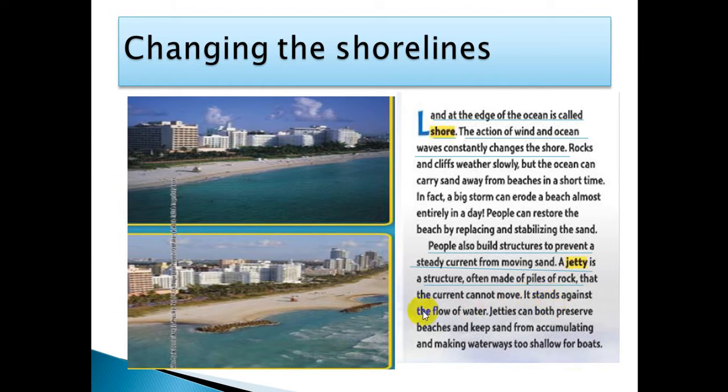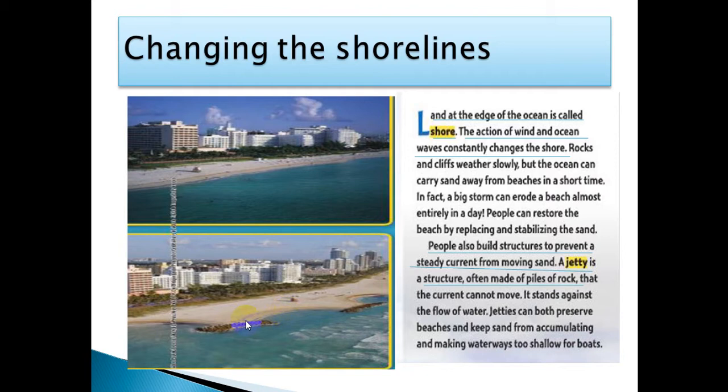It stands against the flow of water. Jetties can both preserve beaches and keep sand from accumulating and making waterways too shallow for boats. So the jetty protects the waterway from becoming too shallow for boats and ships to sail.